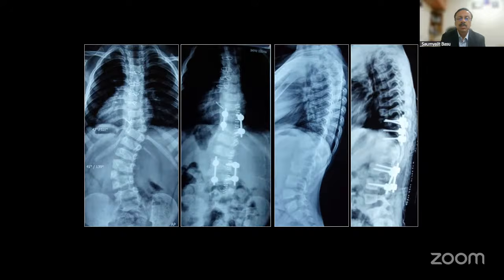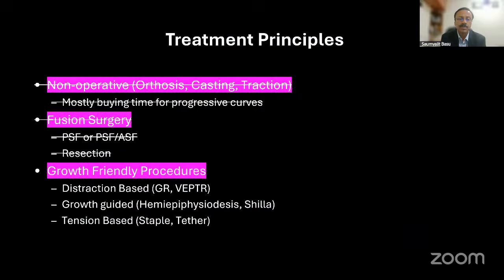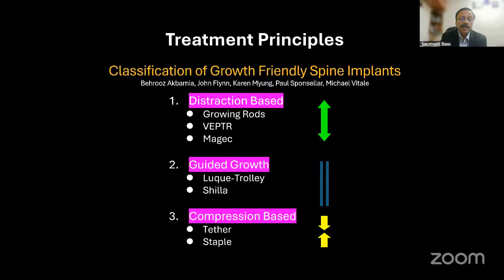I have done only two in my life like this, with non-continuous hemivertebral excision, both single level. The main focus is to make sure that the fusion is short, and one up, one down should be sufficient. Now, growth-friendly spine implants can be distraction-based, guided growth, or compression-based.